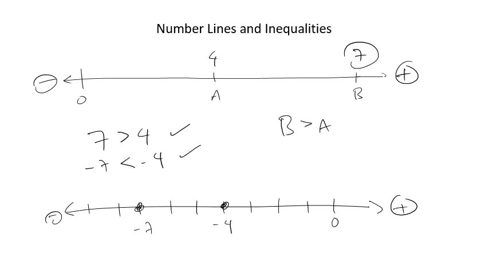Well, sort of, they actually do. For a lot of students, this is a very counterintuitive thing. It doesn't make an awful lot of sense that 7 could be bigger, but -7 isn't. And so this number line model helps put that into context.